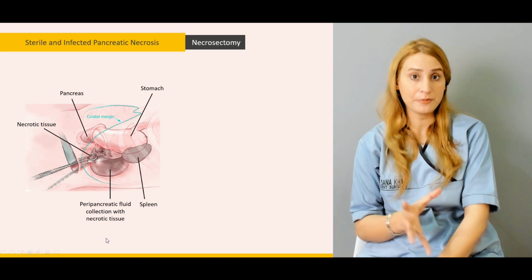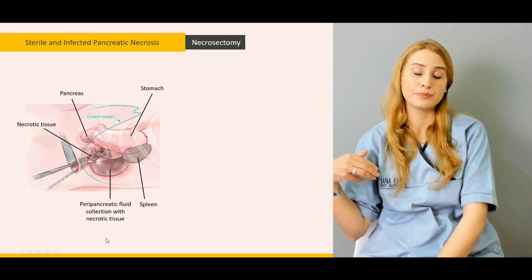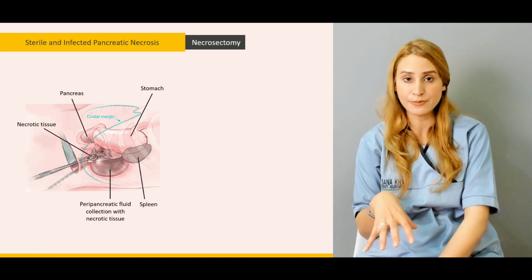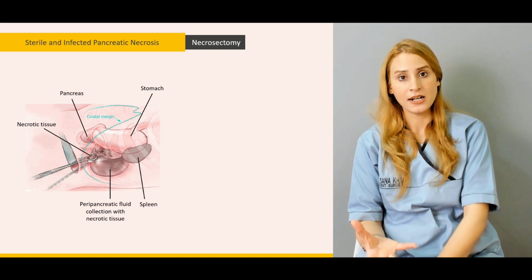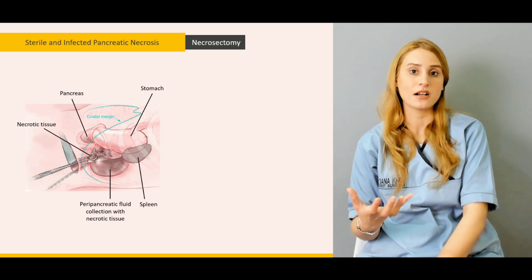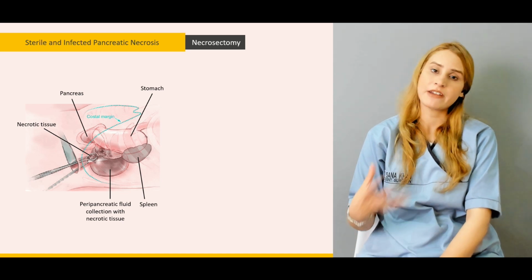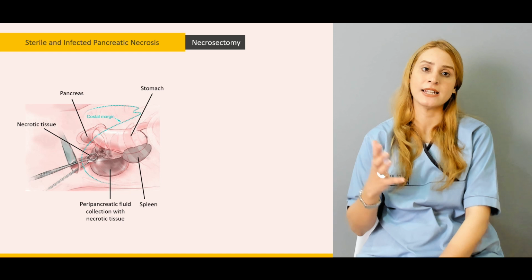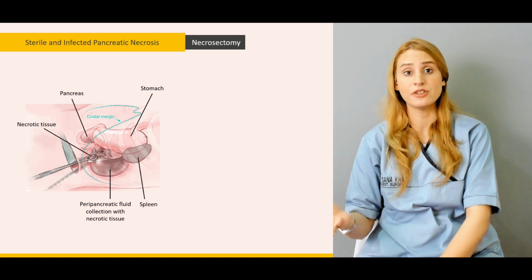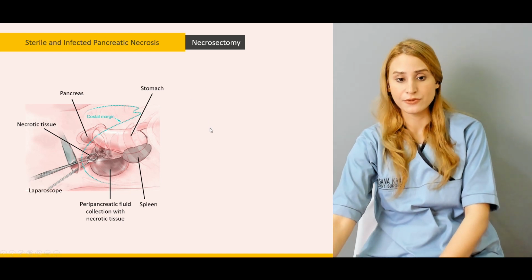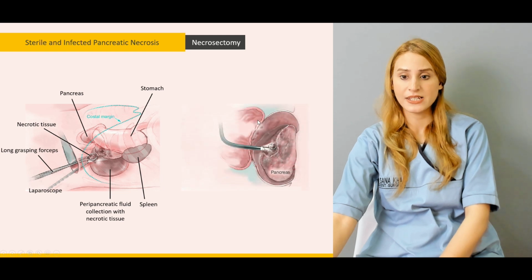For the peripancreatic fluid collection, you place a T-tube if you are going through a midline or the subcostal incision. But if you are not going for the necrosectomy, then through the ERCP you can put the stent, right? So that's how you do this.